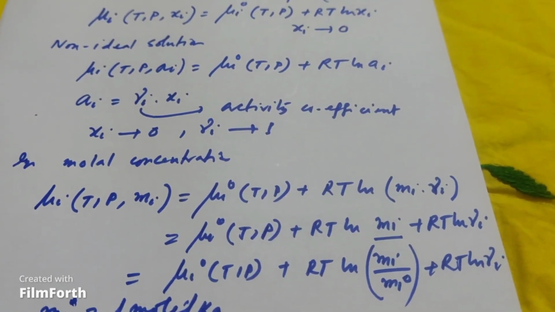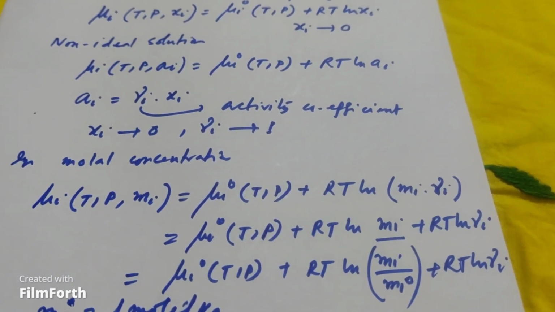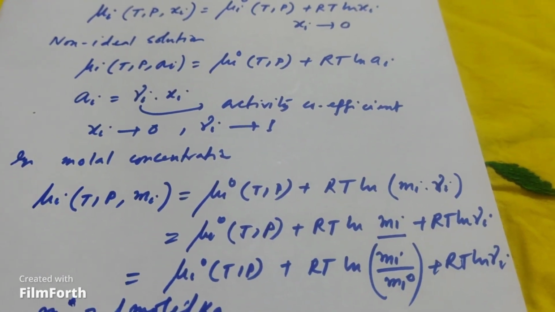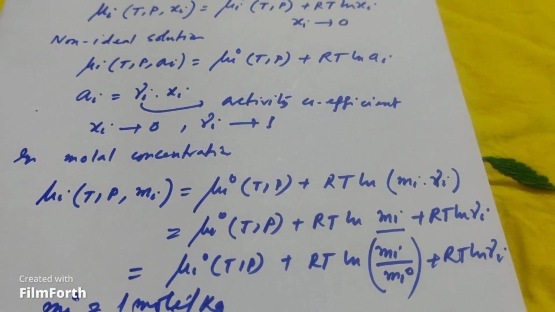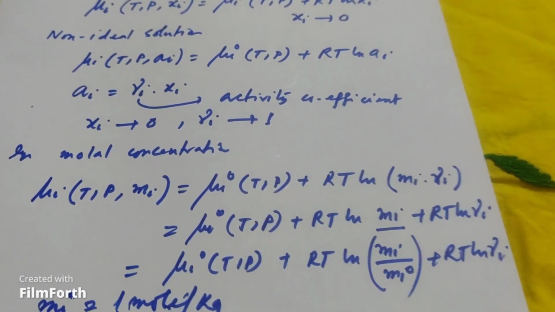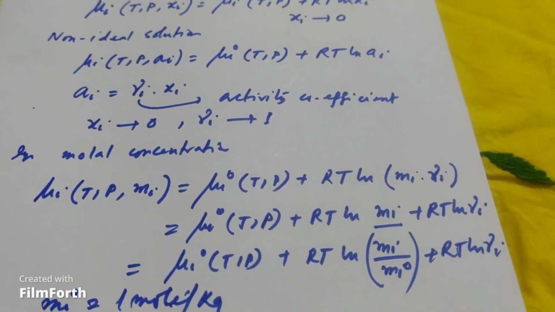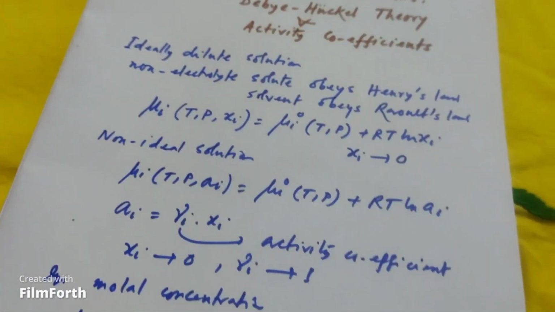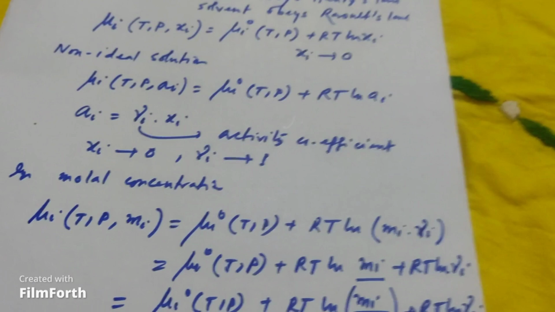So the summary of the discussed topic so far is that a non-electrolyte solute can behave like an ideal one at very dilute concentration, but that is not the case for an electrolyte solute. If you have an electrolyte solution, you cannot have an ideal solution even if the solute concentration is very, very low. So our discussion is mainly about solutions of electrolytes.